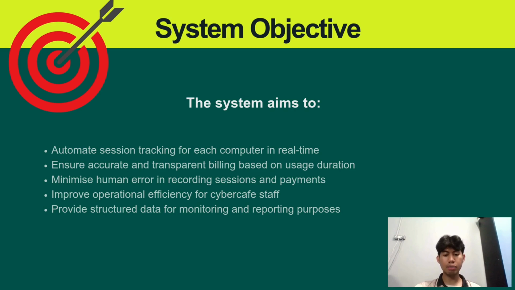Second, the system calculates billing automatically based on the duration of usage, which reduces manual calculation errors. In addition, the system improves efficiency for staff by reducing paperwork and simplifying the monitoring of customer and computer usage. Finally, the system generates structured data that can be used for reporting and decision making.